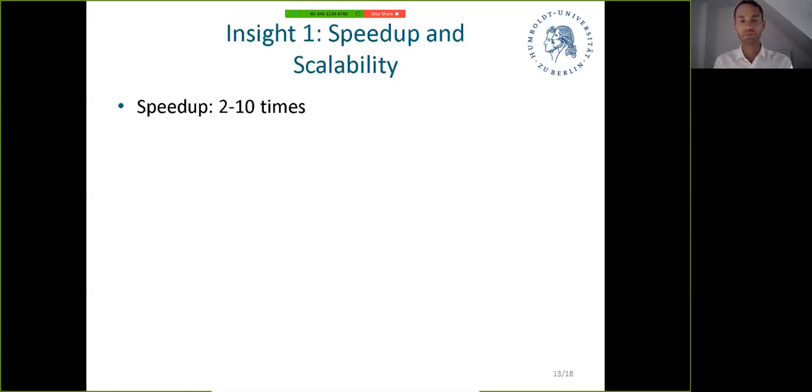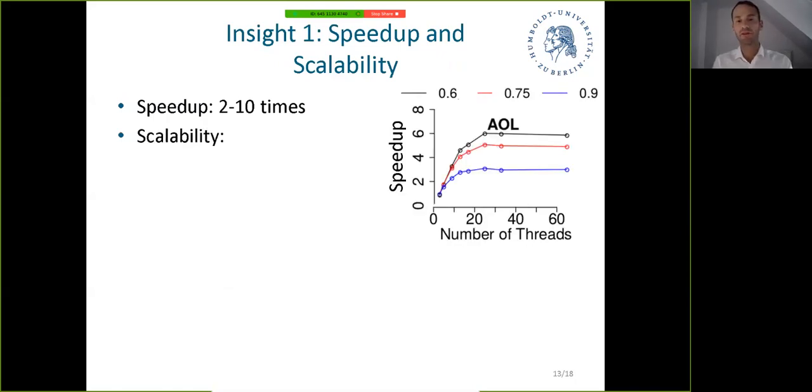First insight. The speed up we get on our machine is 2 to 10 times amongst all of our experiments. And this is a typical scalability graph we get. So on the y-axis, we see the speed up, and on the x-axis, we see the number of threads.